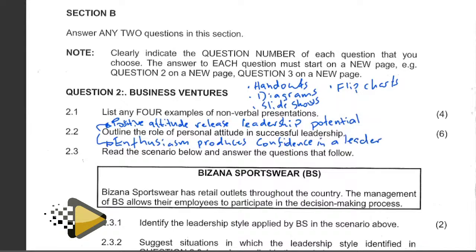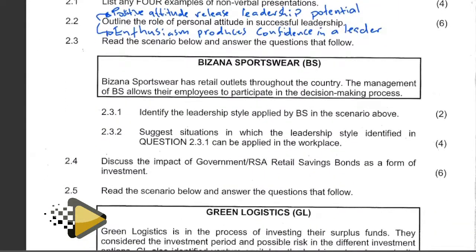Okay, right, grade 12. Now let's move on to the next question, 2.3, and 2.3 reads as follows. Bizana Sportswear, BS, has retail outlets throughout the country. The management of BS allows their employees to participate in a decision-making process. The question says you must identify the leadership style applied by BS in the scenario above.